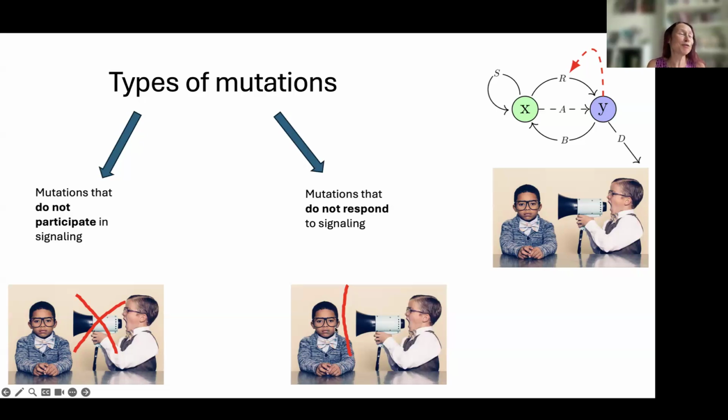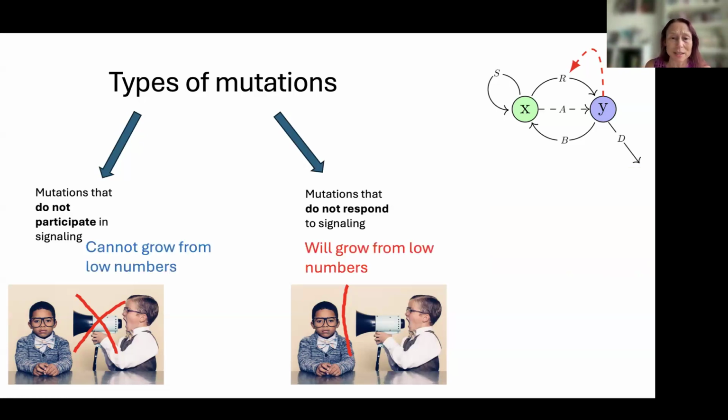So if your rate of divisions should be a function of Y, you don't care, and you're just going to keep dividing, or you care less, right? It's a function that depends on that to a lesser extent. We can show that mutants that don't participate in signaling are not dangerous mutants.